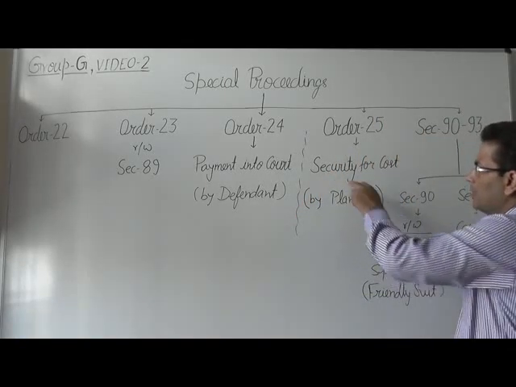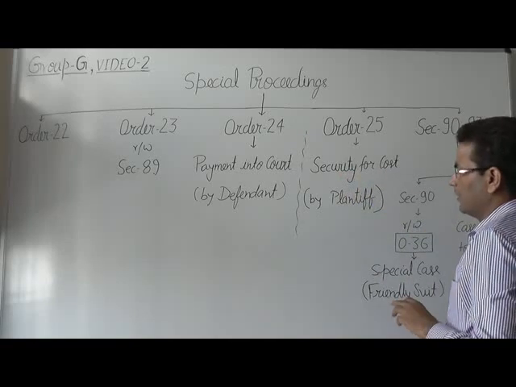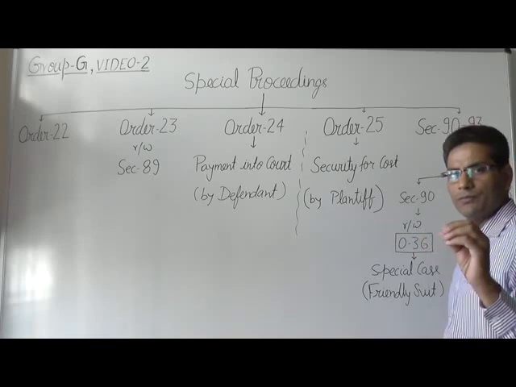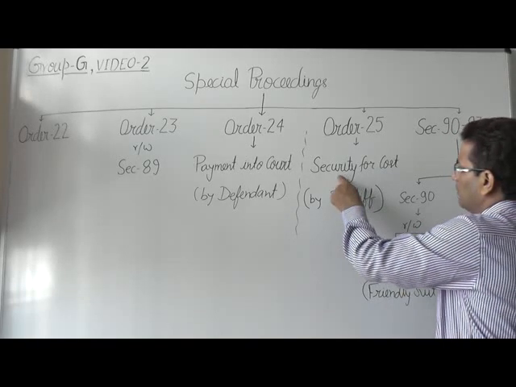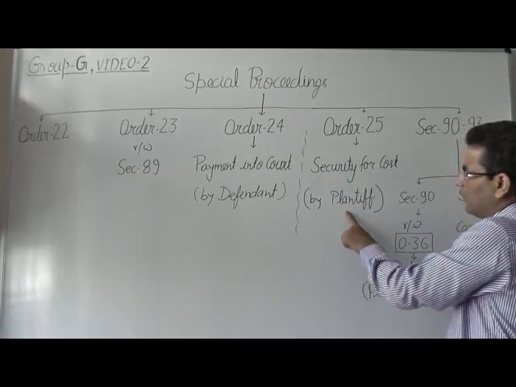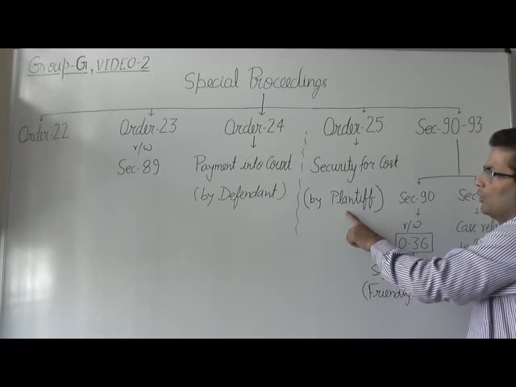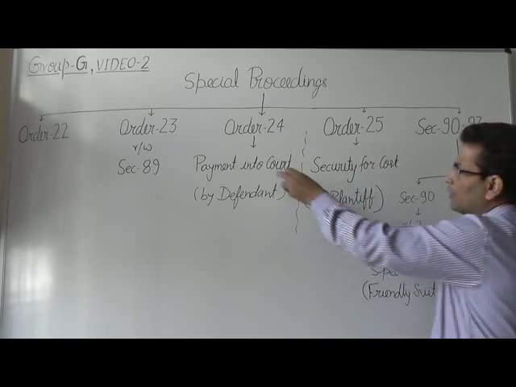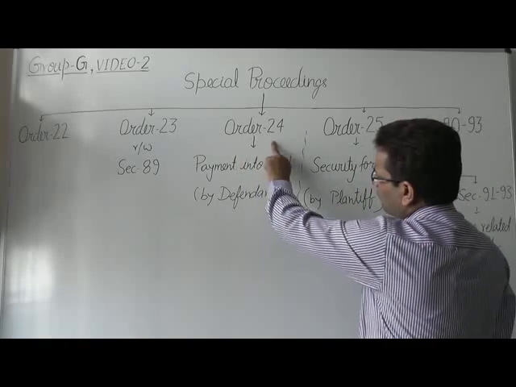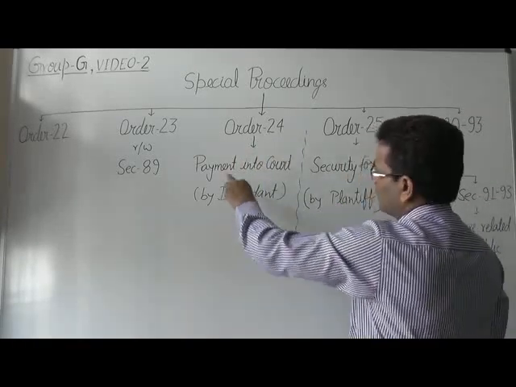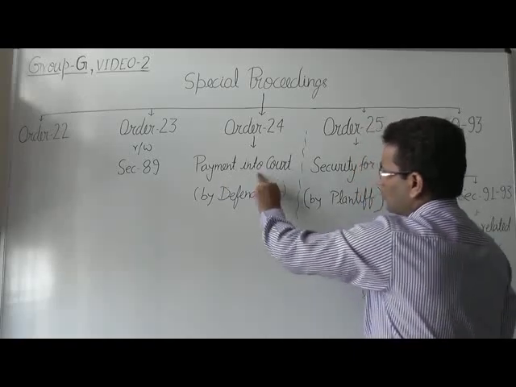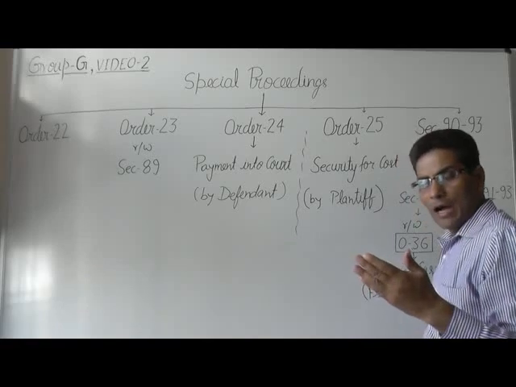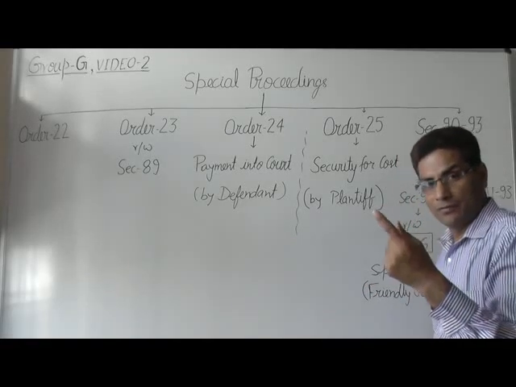Order 25, security for cost. In some of the suits, the plaintiff is asked by the court to provide security for cost. So, under Order 24, it is the defendant who makes payment into the court of the amount claimed by the plaintiff.